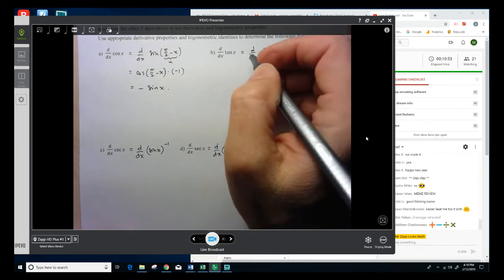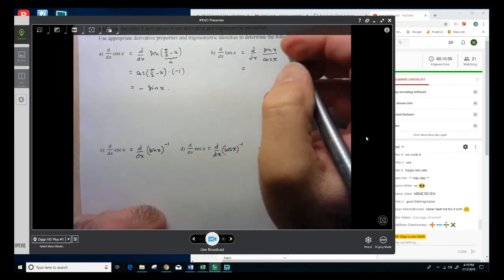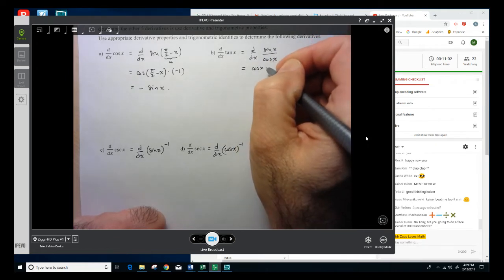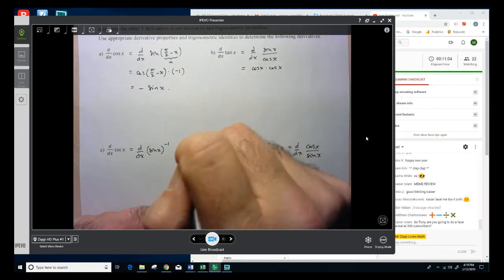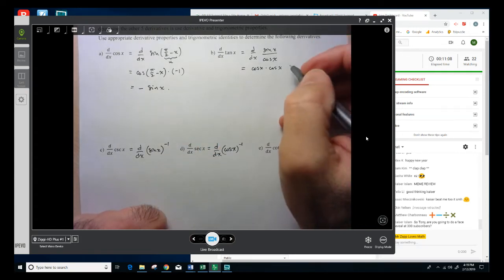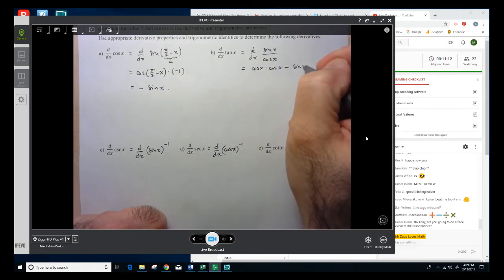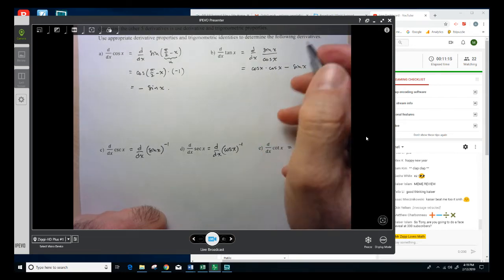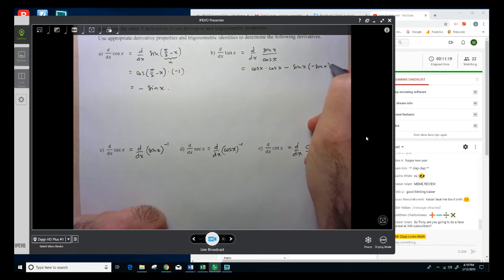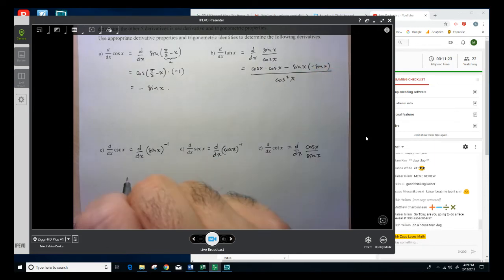All right, so let's apply the quotient rule here. So the derivative of sine x is cos x times the denominator function, which is cos x. All right, so next we subtract the numerator function, sine x, times the derivative of the denominator, and we just found that the derivative of cos x is negative sine x, and all over the square of the denominator.